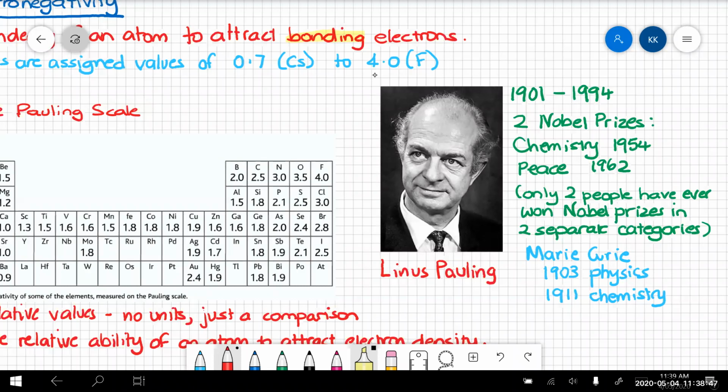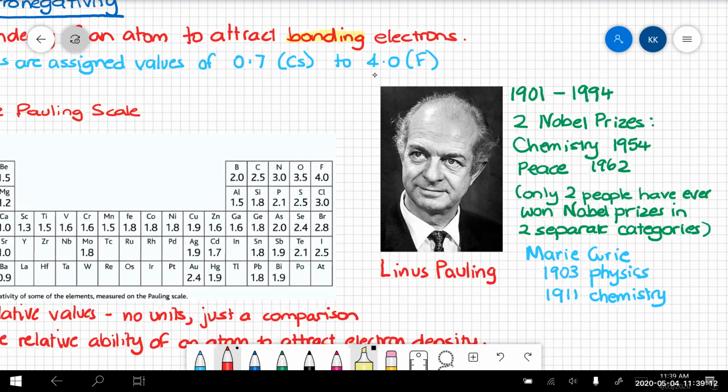He was actually married to a great peace campaigner. Only 2 people in history have ever won the Nobel Prize in 2 separate categories, Linus, and the other one was Marie Curie, who won the 1903 Nobel Prize for Physics and the 1911 Nobel Prize for Chemistry.